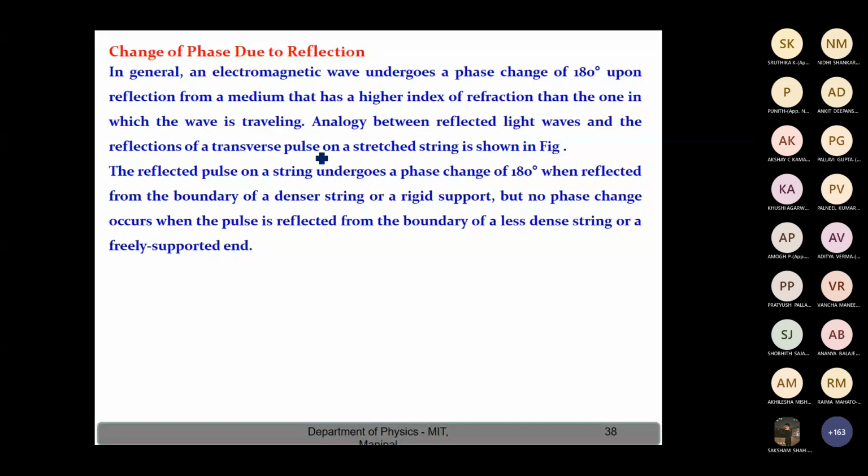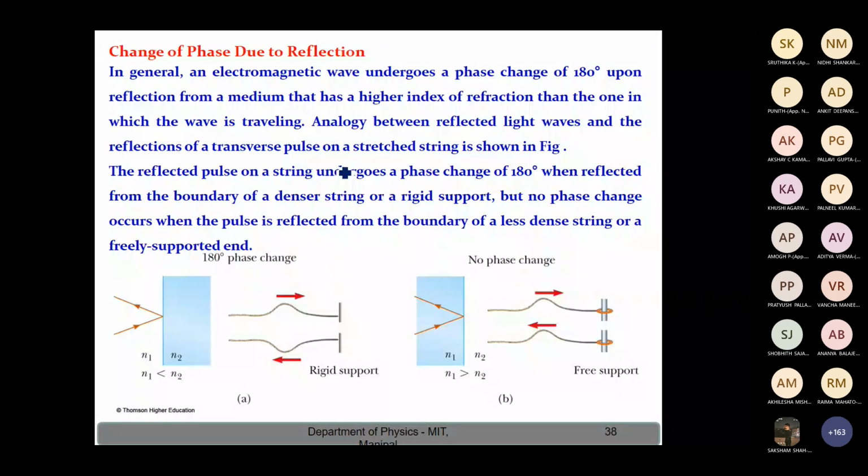You can take the analogy of reflected waves and the reflection of a transverse pulse on a stretched string. So you can see here, one has a rigid support, the other one has a free support.